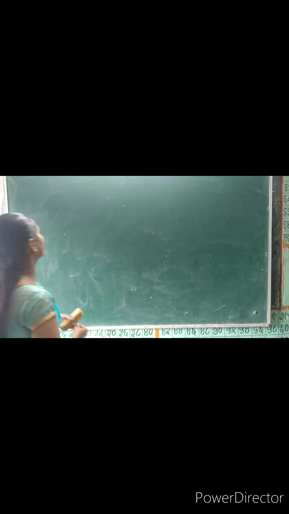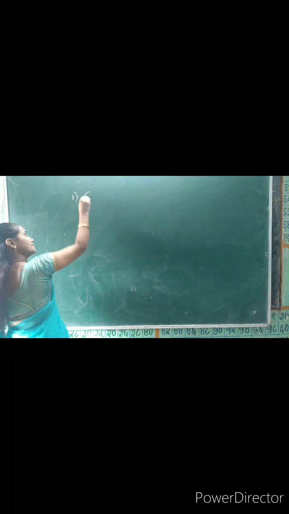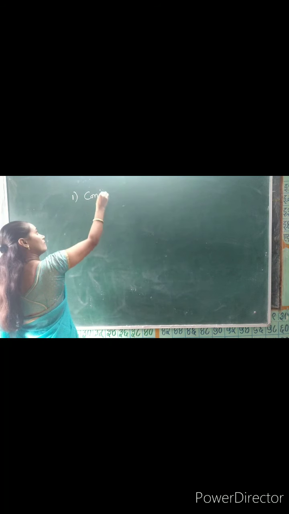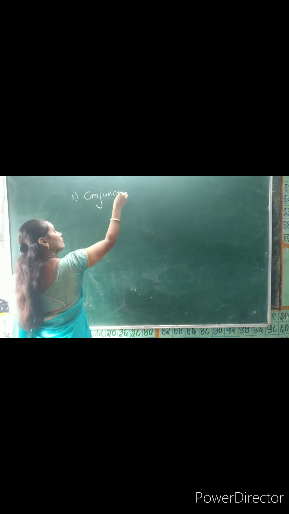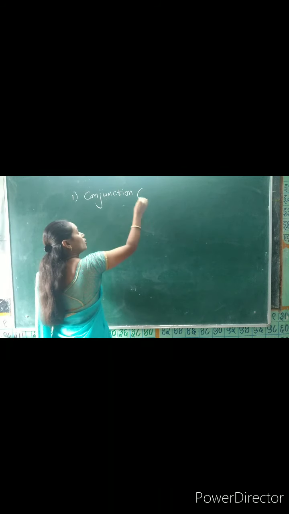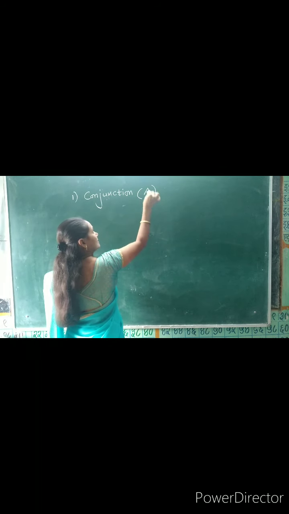The first logical connective is conjunction. The symbol of conjunction is like this.